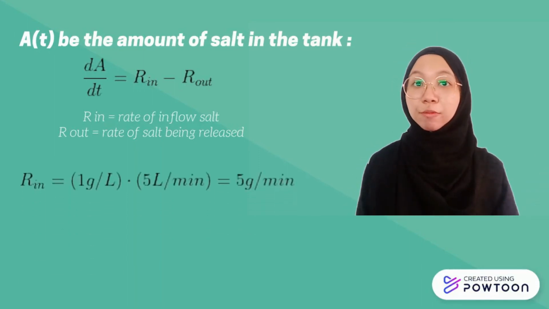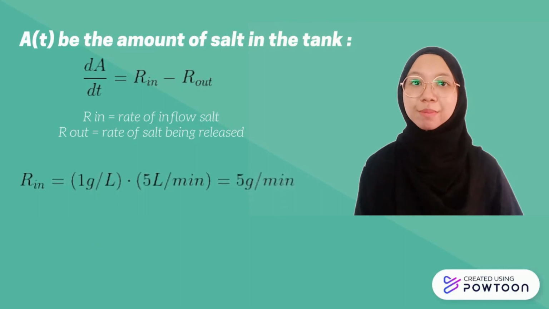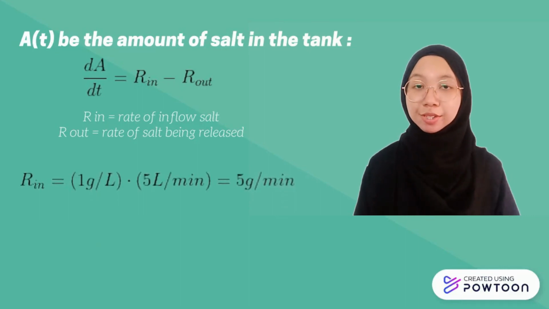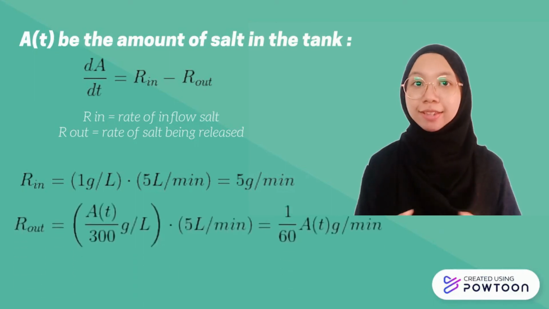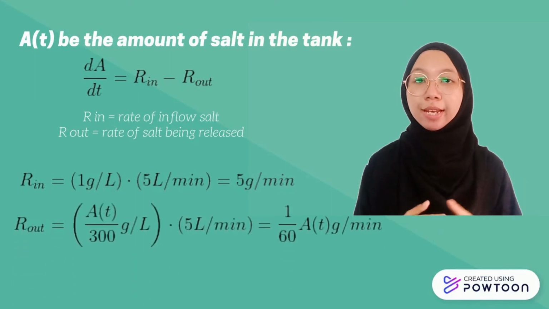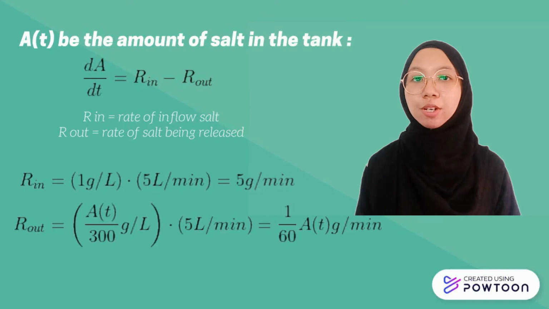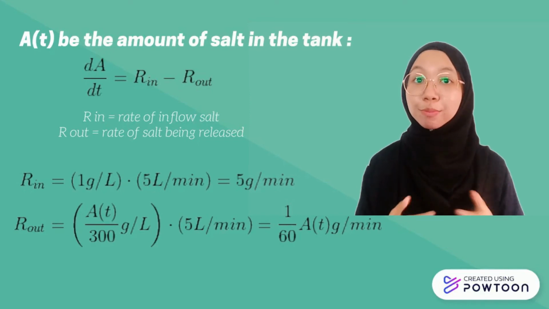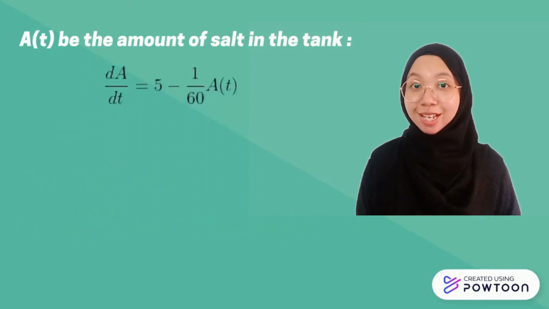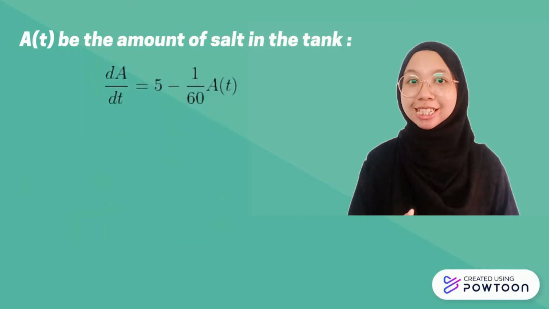The rate of inflow of salt is 5 grams per minute, since we multiply the concentration of salt inflow with the input rate of brine, and the rate of outflow of salt at any time is A over 60 grams per minute, by multiplying the concentration of salt outflow with the output rate of brine. Then, substitute this value in the DE to get dA over dt equals 5 minus A over 60.